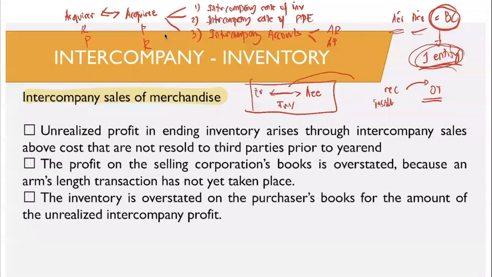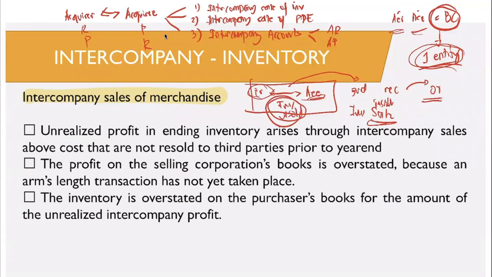So if that inventory is sold to a third party, then we can recognize the inventory sale. For example, the acquirer will sell inventory to the acquiree. If the acquiree sells that to a third party, that is considered a valid sale. The question now is, what happens to inventory unsold?